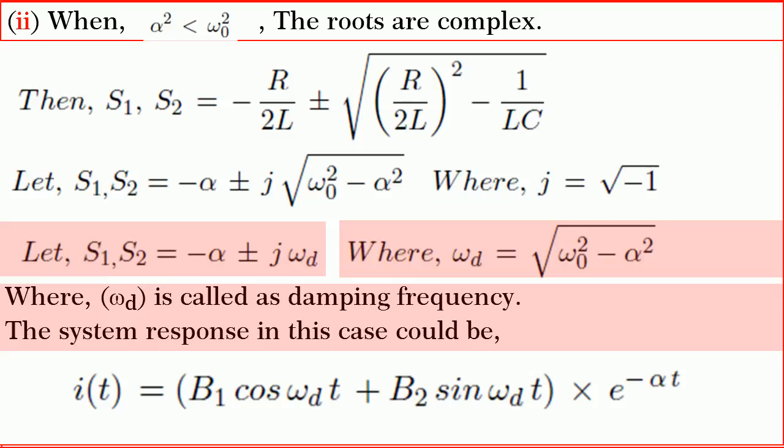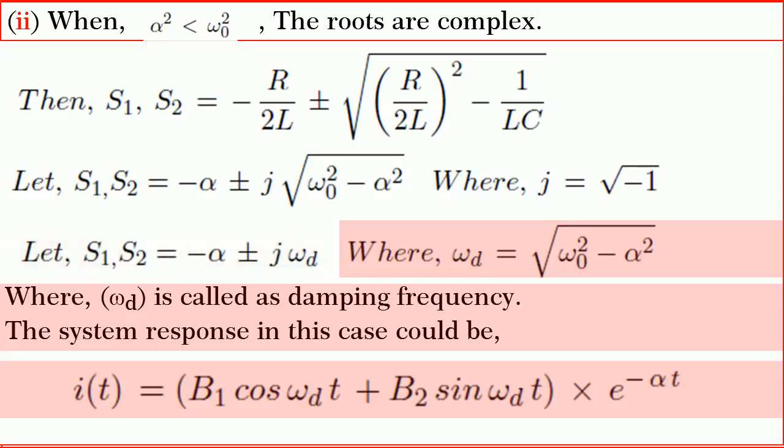In this case, the system response in terms of two exponent components can be written as i of t is equal to b1 cos omega d t into e to the power of minus alpha t plus b2 sin omega d t into e to the power of minus alpha t.